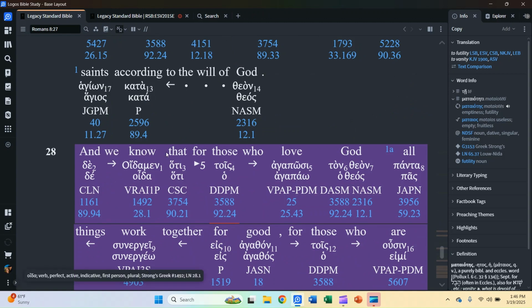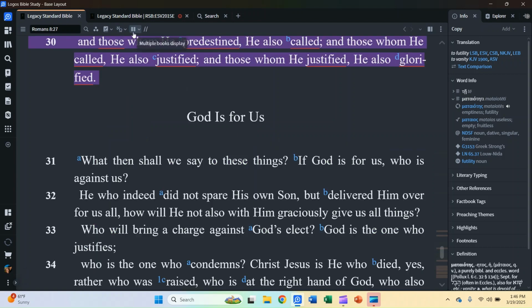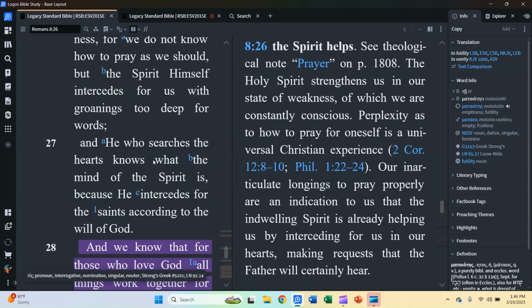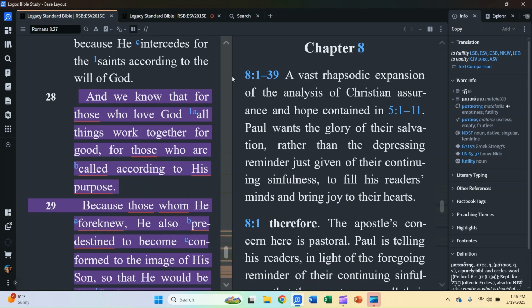We added that so it would help us understand. By going to the Greek, it gives us a better definition of what sense of the word was supposed to be used.